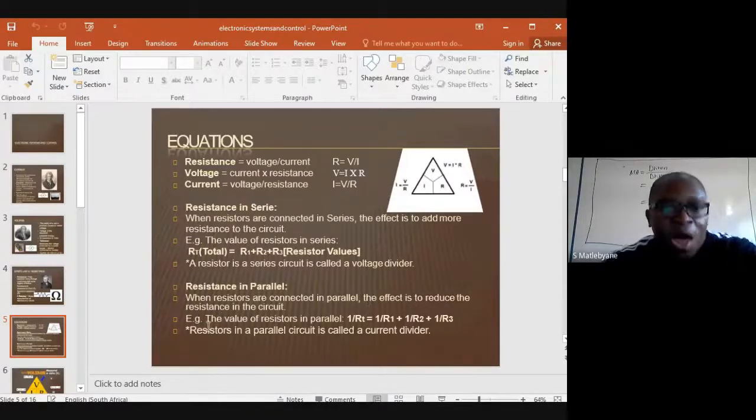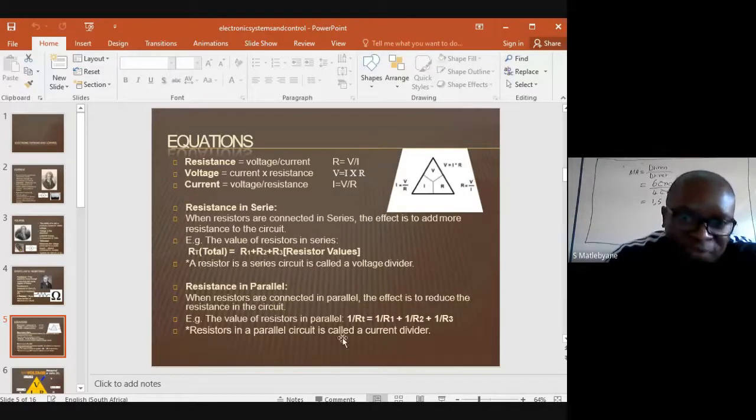Then example of how we do calculations of resistors connected in parallel. They say the value of resistors in parallel. Now the formula changes because the resistors are connected in parallel. We use fractions. We say 1 divided by RT. Remember, RT is for the total resistance. 1 divided by RT equals 1 divided by R1 plus 1 divided by R2 plus 1 divided by R3, depending on the number of resistors that you have which are connected in parallel to each other.